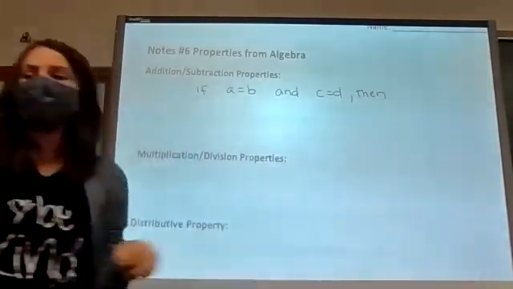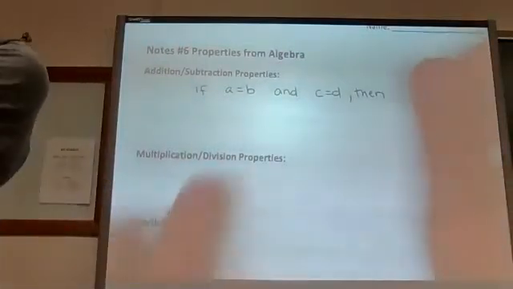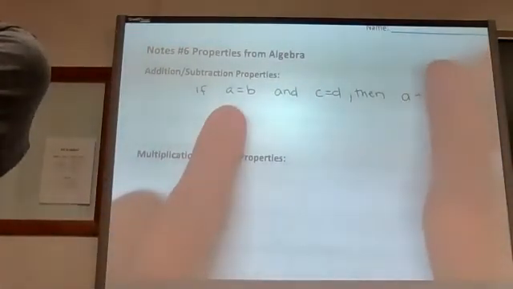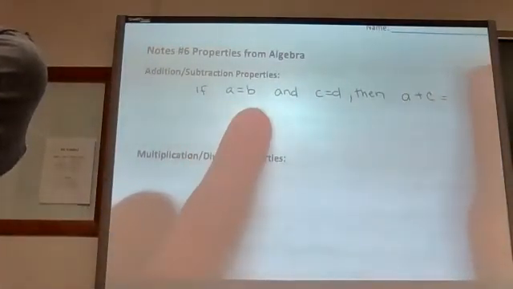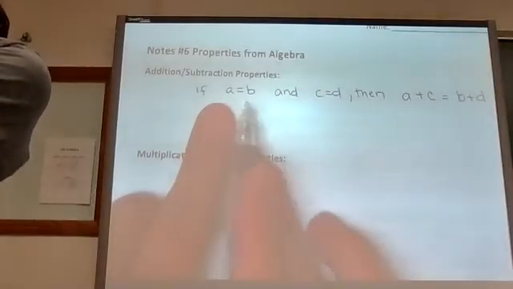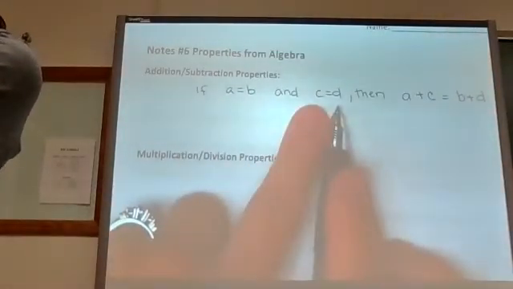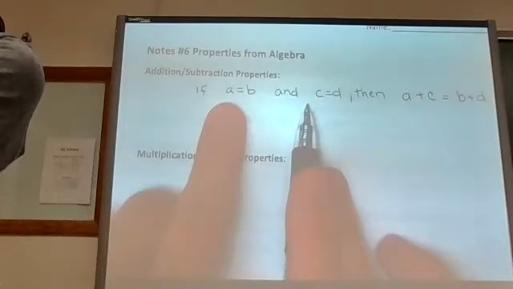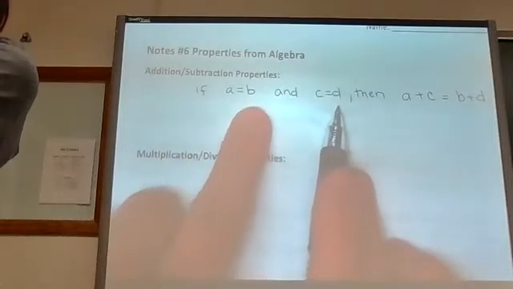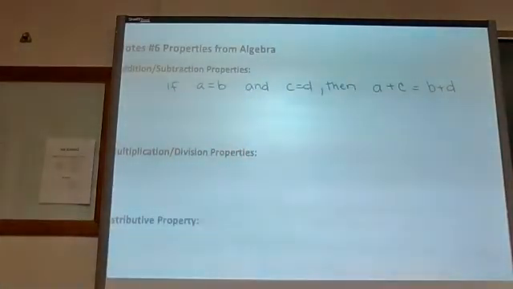That's the general concept of the addition property. So then A plus C must equal B plus D. If these are the same and these are the same, adding these would be the same as adding those. That's our general property. It's a little messy.